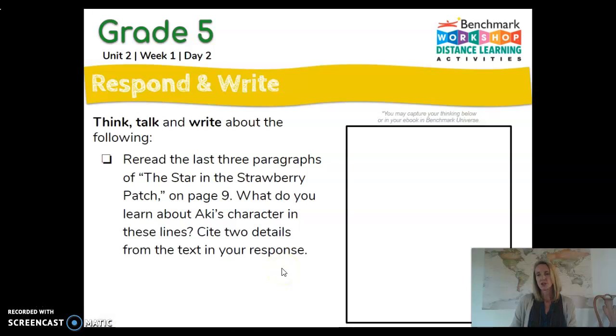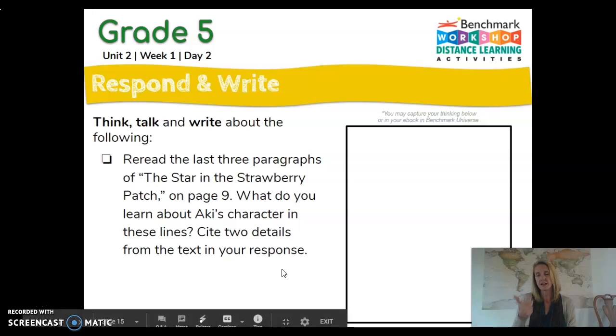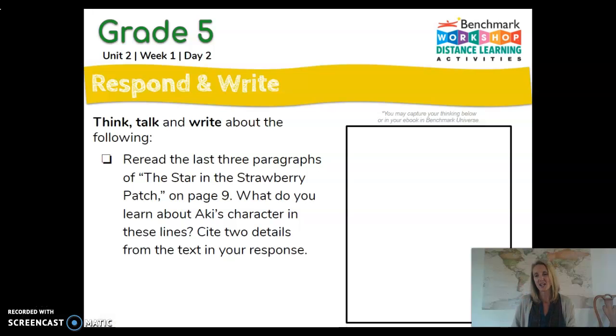You're looking in those last 3 paragraphs for what Aki does, says, or the relationship she has, to try to infer about her character. Or what type of person is she?